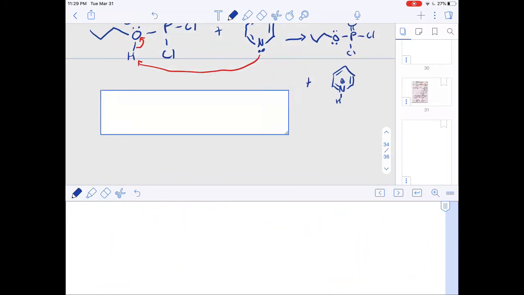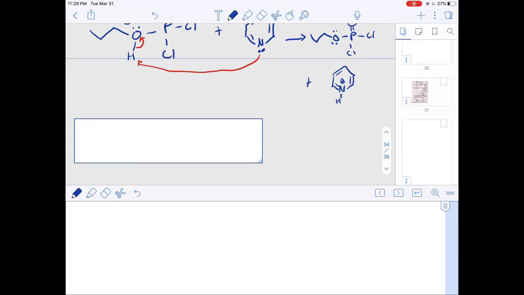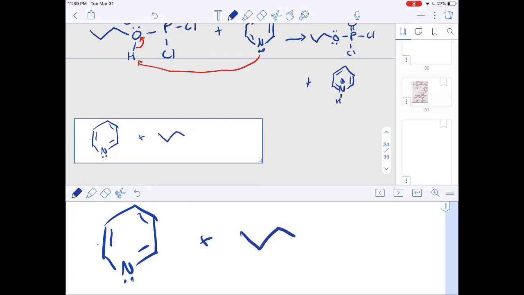Okay, moving on to the third and final step. All of the steps in this reaction are irreversible. So let's go. Now you're going to have another pyridine in solution. And you're going to have your molecule from before.